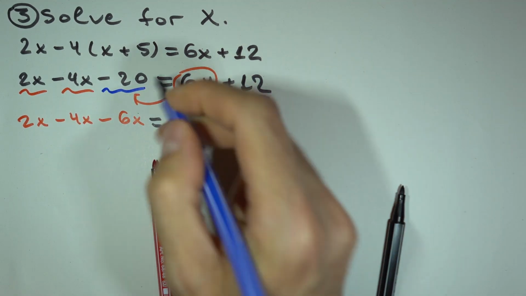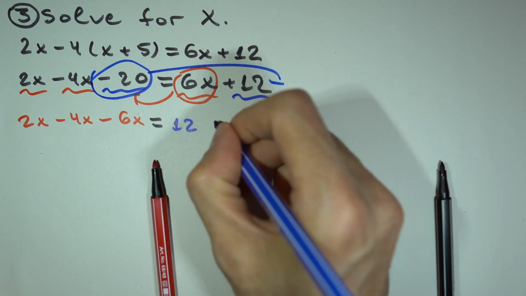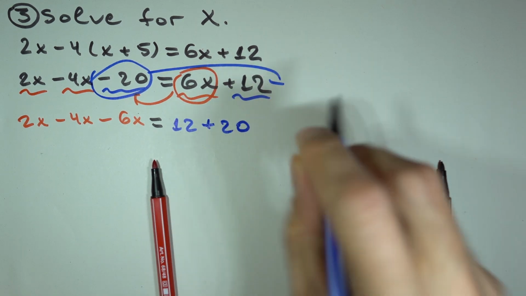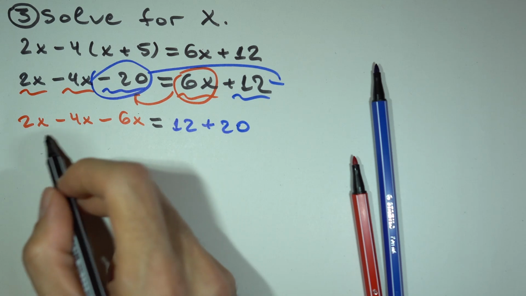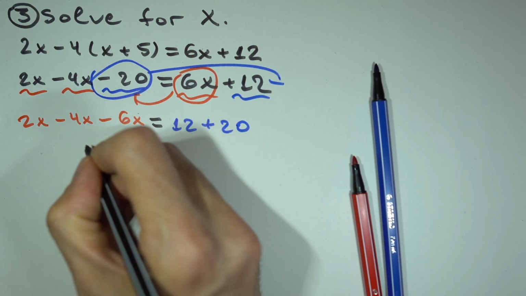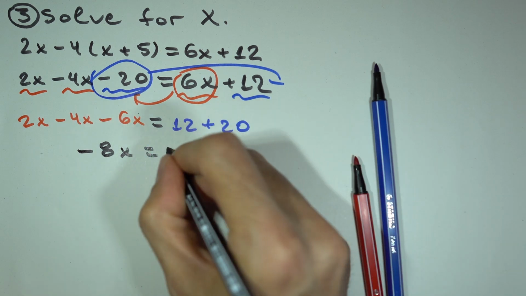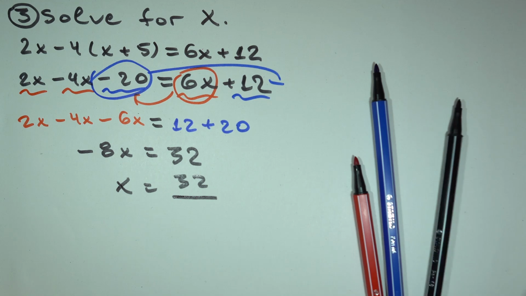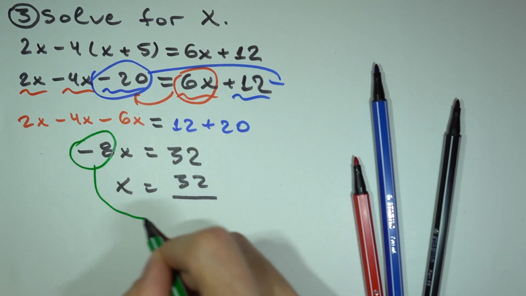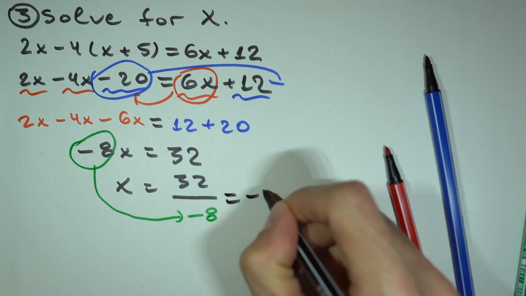So we have the 12, and then we transfer the minus 20 to the right-hand side of the equation, and thus it becomes plus 20. So what do we have here? 2x minus 4x is minus 2x, minus 6x is minus 8x equals 12 plus 20 is 32, or x equals 32 divided by the coefficient in front of x, which is minus 8, or x equals minus 4.